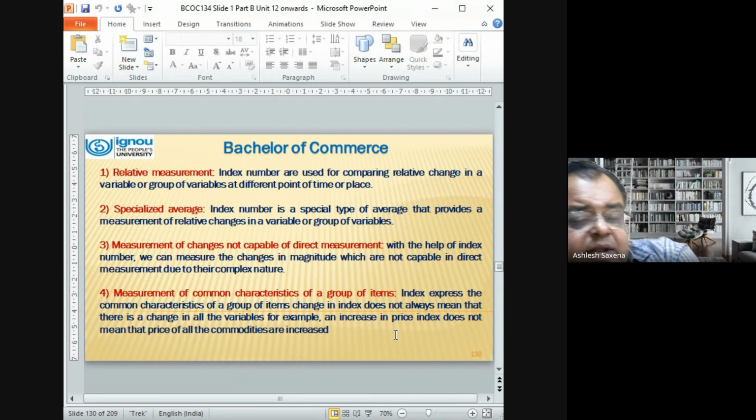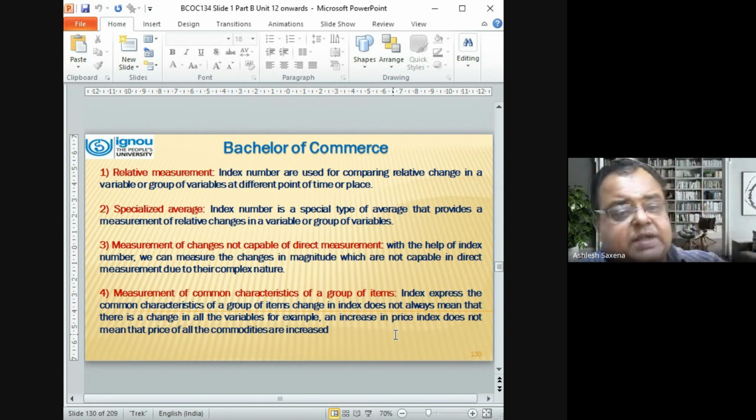Relative measurement. Index numbers are measured for comparing relative change in a variable or group of variables at different points of time or place. Specialized averages. An index number is a special type of average that provides a measurement of relative changes in a variable or group of variables.